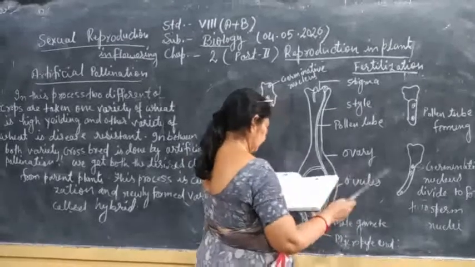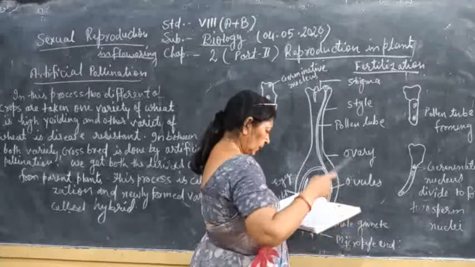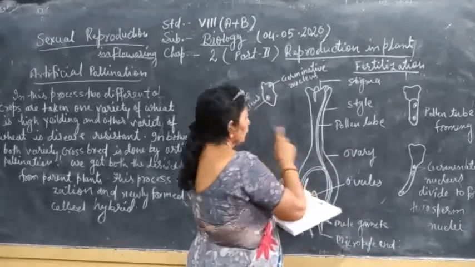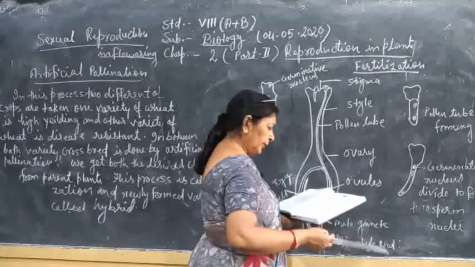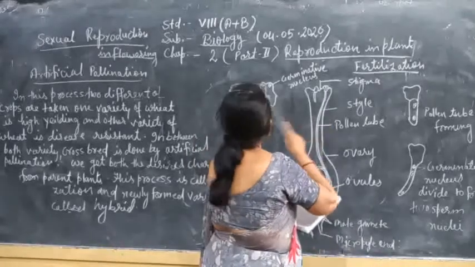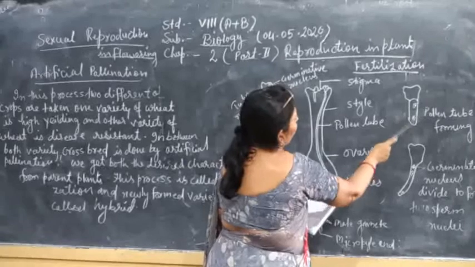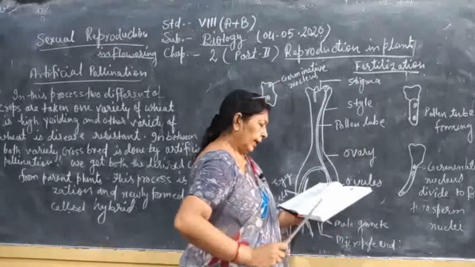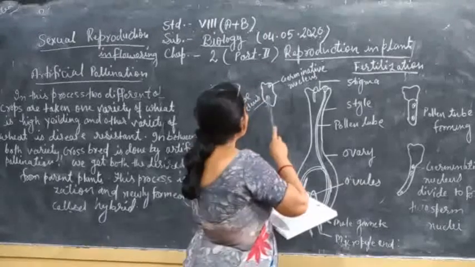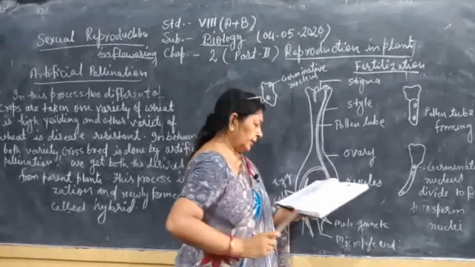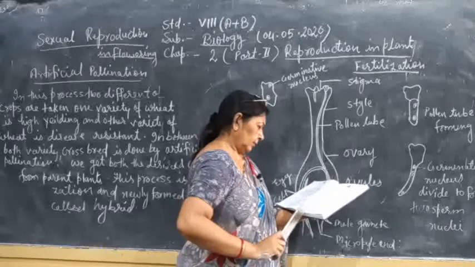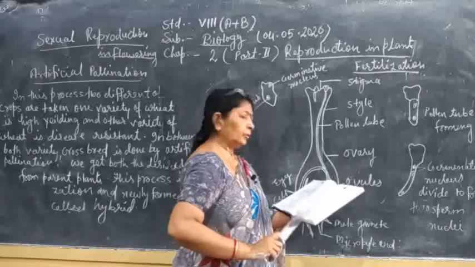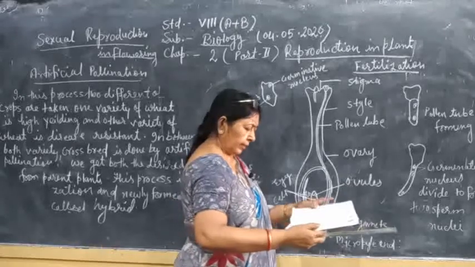Step two. The tube nucleus forms the pollen tube, and the germinative nucleus further divides into two male nuclei.